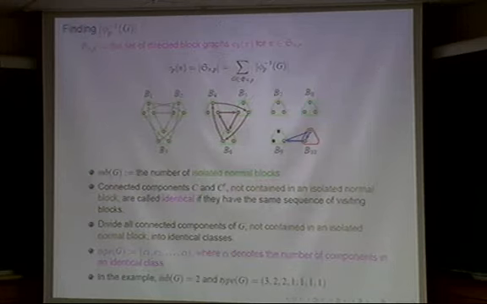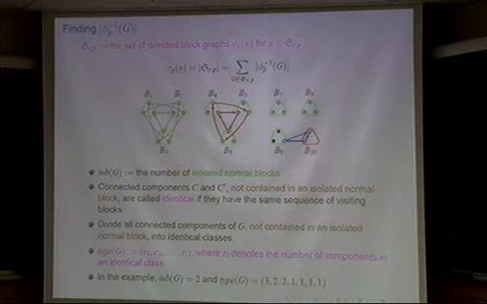Then this number can be computed by this. So it is enough to show that the order of p of this is the desired number. Here, let I and B of G be the number of isolated normal blocks.